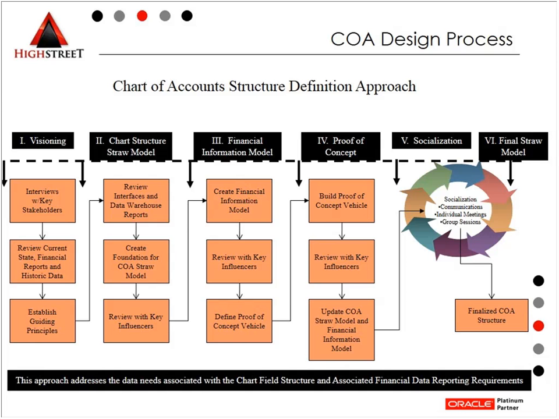And one of the most important things that we establish with that group is we decide what will be our guiding principles for the chart of accounts design for this project. We want to make sure that everyone has a mutual understanding and agreement on what the parameters are going to be. We're going to look at some generally regarded guiding principles in a little while, and you'll see what kind of content that is. But it's basically what do you envision as the direction you want to go.